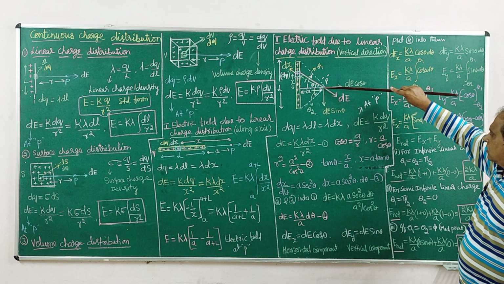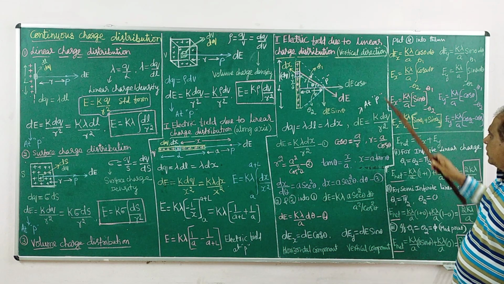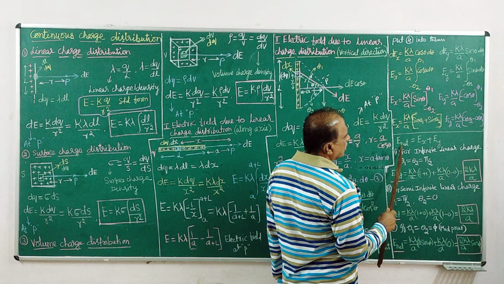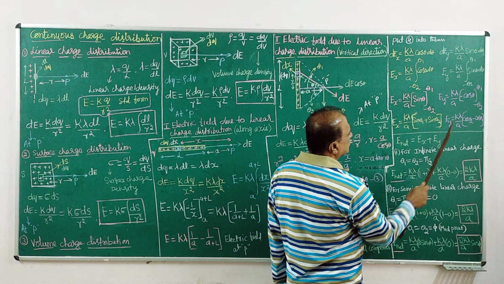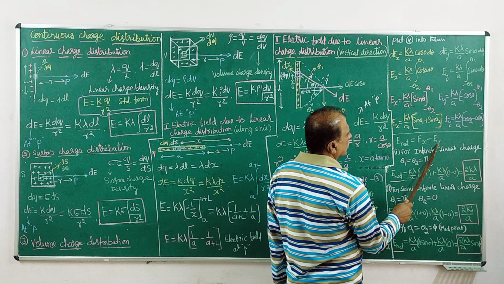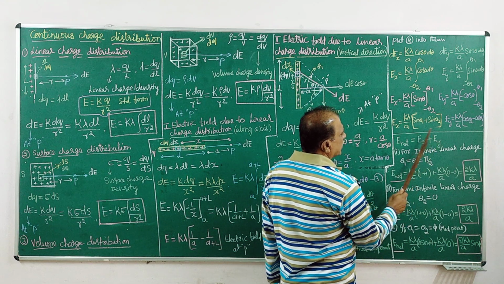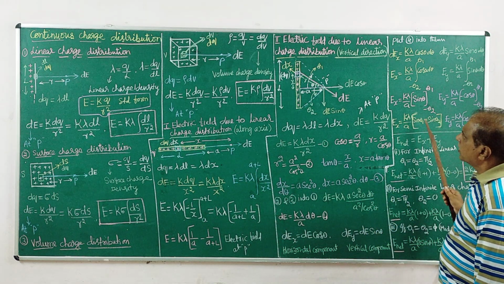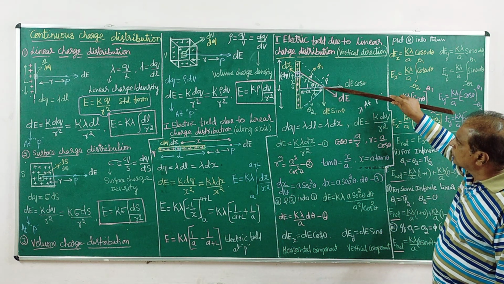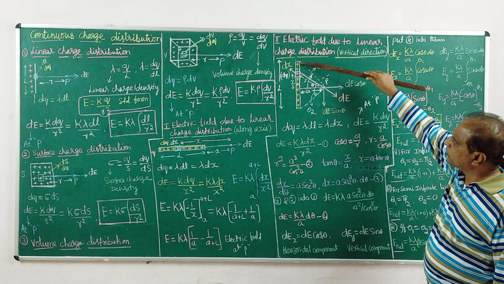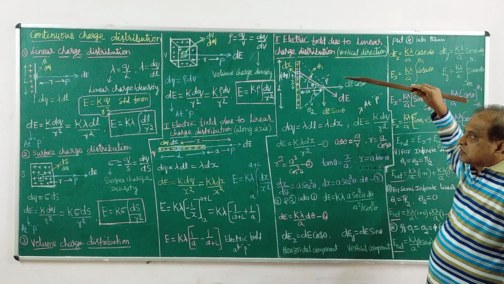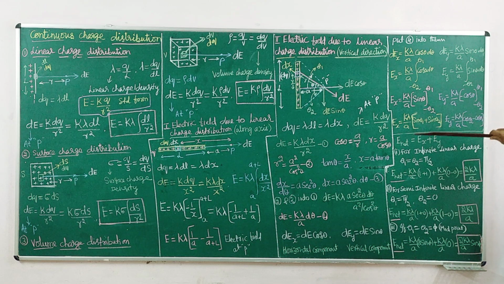The net total electric field, or the total net effect, is this plus this. So that is a general mathematical formula for the electric field at this point for a finite length of linear charge. This is the one.